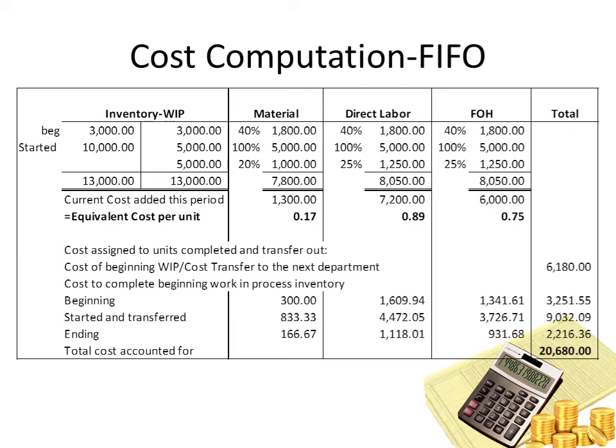Because you might get misled if you would see that this is not exact. Okay? Because accountants normally want exact. So if you would check, it's still the same amount of the total amount being transferred, which is 20,680 when we add it up.